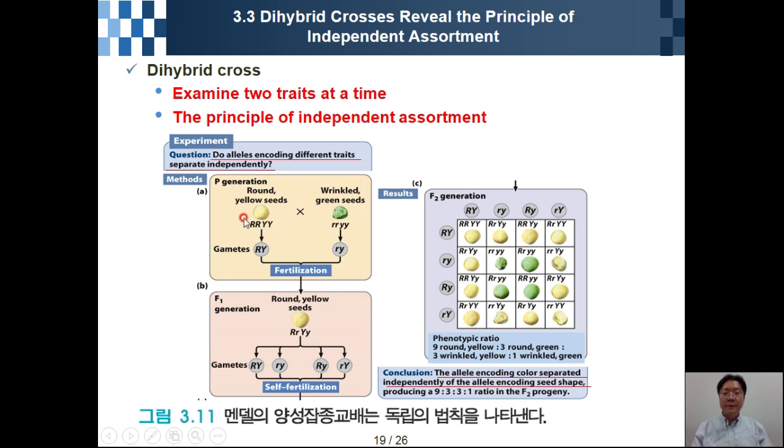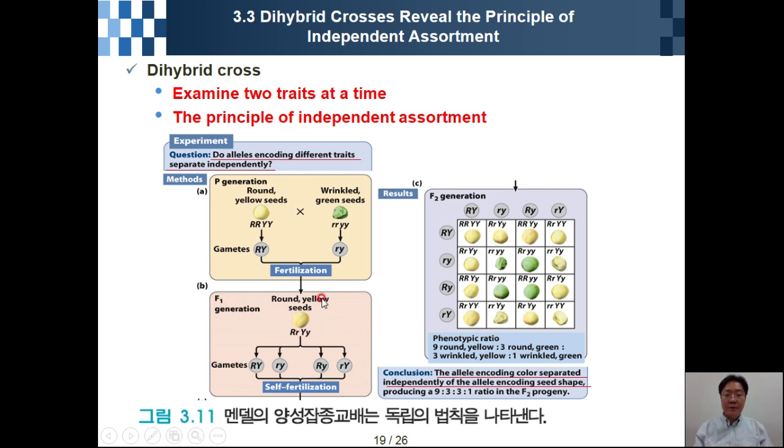From the first genotype, the gamete will be large R, large Y, and from the second, the gamete will be small r, small y. After that, these two gametes fertilize, and this is the F1 generation. The F1 generation showed round and yellow seed, because round is dominant over wrinkled, and yellow is dominant over green.